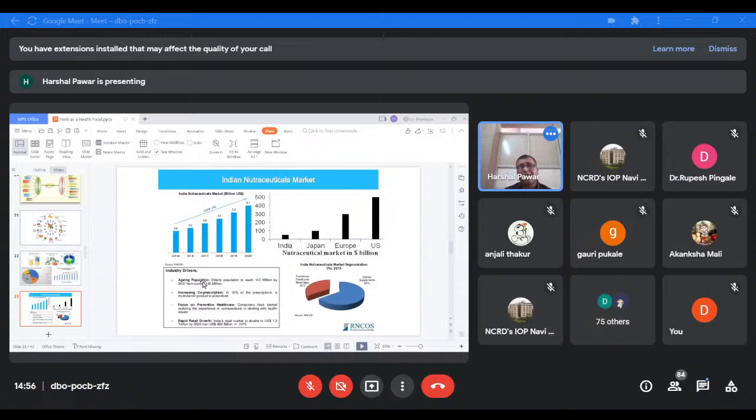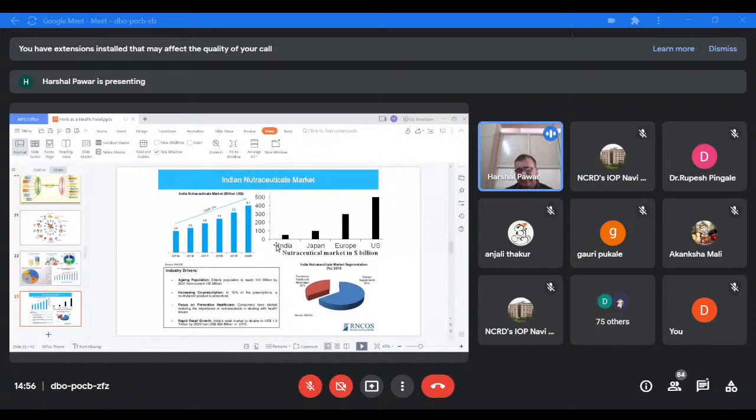So if we look at the statistics of the status of these products in the Indian market, then you can see that as compared to the regulated countries like Japan, Europe, and US, in India there is still very little use of these functional foods or nutraceutical products, right?